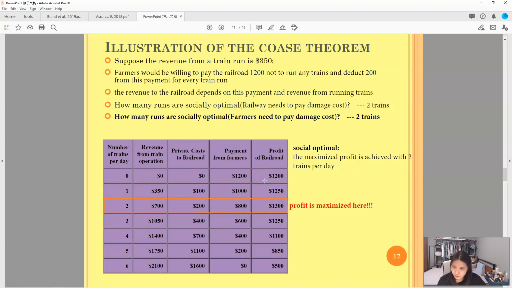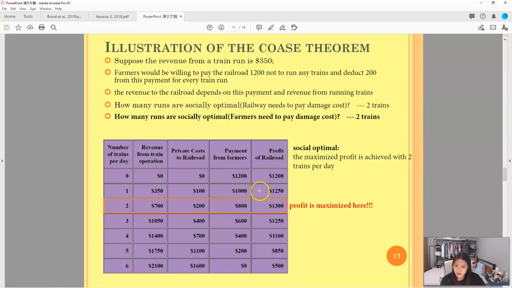Then the profit of the railroad is $1,200, and so on. So in this case, the railway company only needs to subtract the private costs of the railroad, since they don't need to take care of the pollution. The farmers pay the pollution.